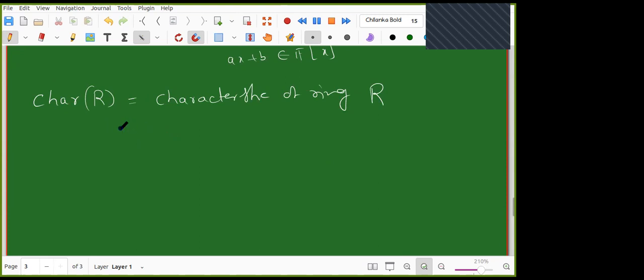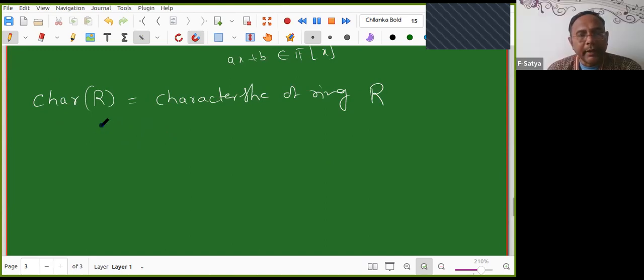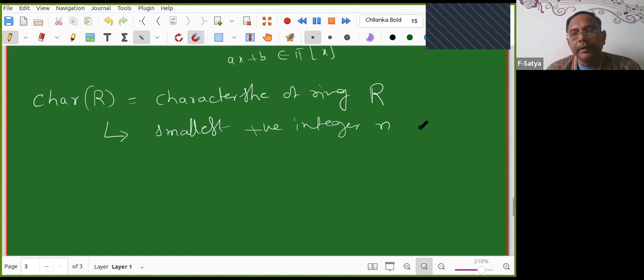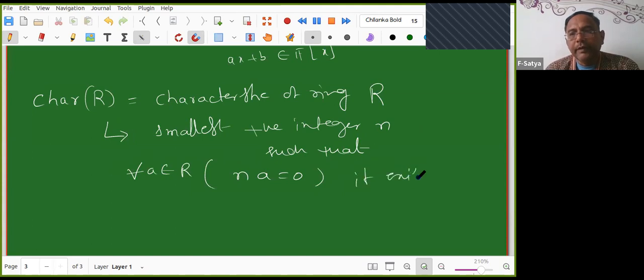No, it is not like that. The characteristic of a ring is, by definition, the smallest positive integer n such that n times a is equal to 0 for every a belonging to R, if it exists; otherwise it is defined as 0.